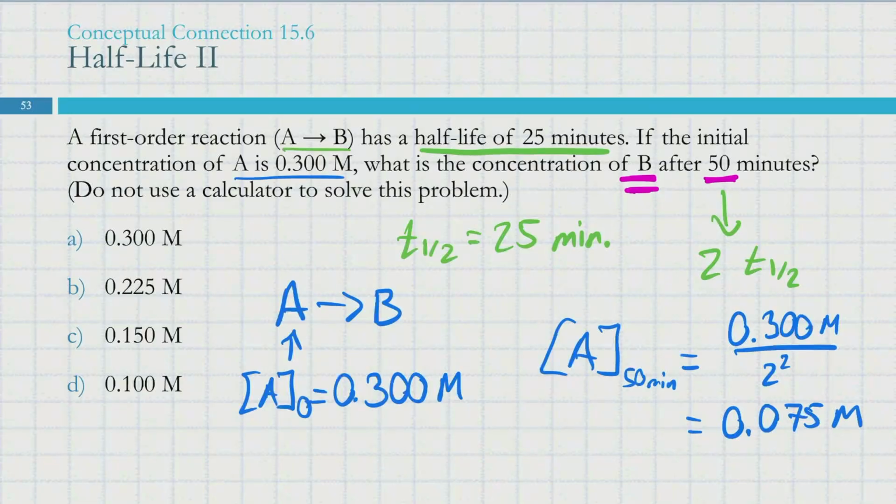We cut it down to 0.150. We cut that in half, 0.075. So that's the amount of A that we have. We lost how much A? 0.225, the 0.300 minus the 0.075. So that must have turned into B. So B is the correct answer.